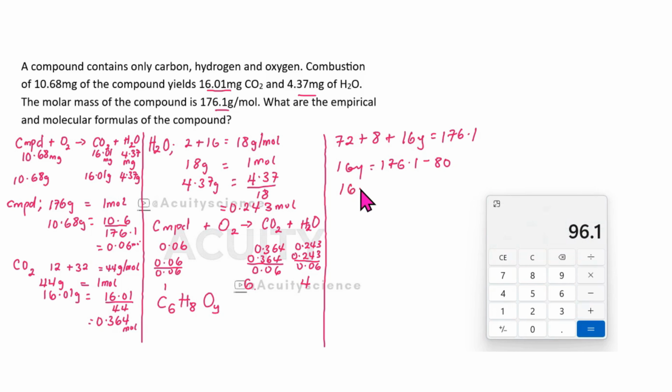So Y is 96.1 over 16, approximately 6. So we have 6 atoms of oxygen in this compound. C6H8O6 is our molecular formula.